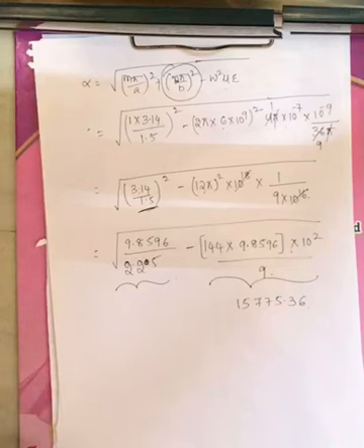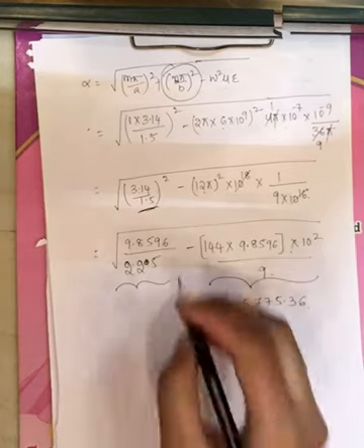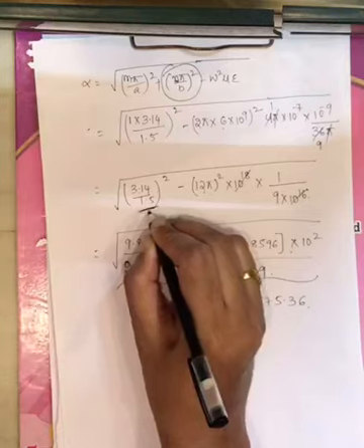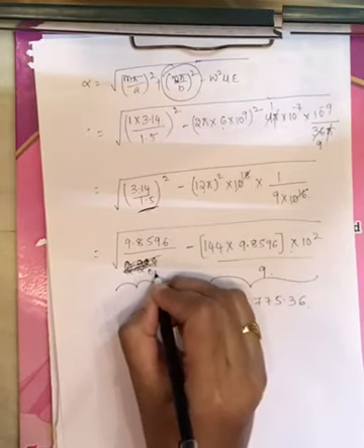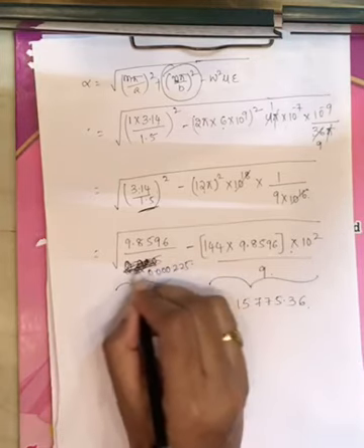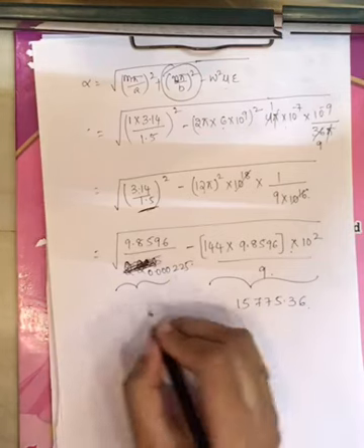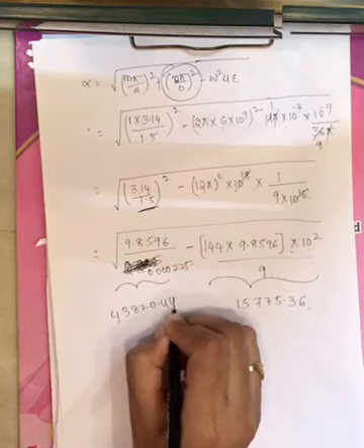If I convert it into meters, you will get 1.5 divided by... convert it into meters. This is in centimeters, right? If I convert it into meters, you will get 0.000225, right? 0.000225. Now this whole term you are getting it as 4380.44, right?